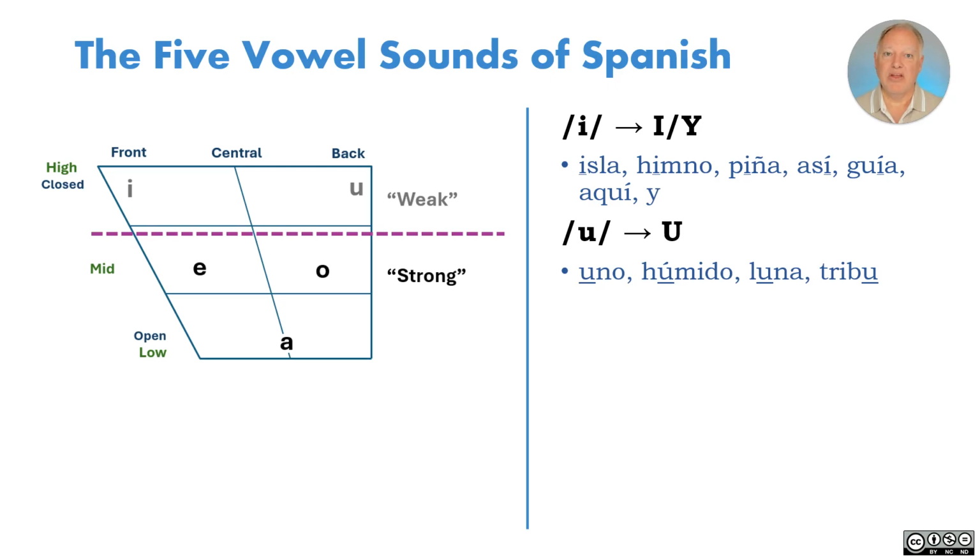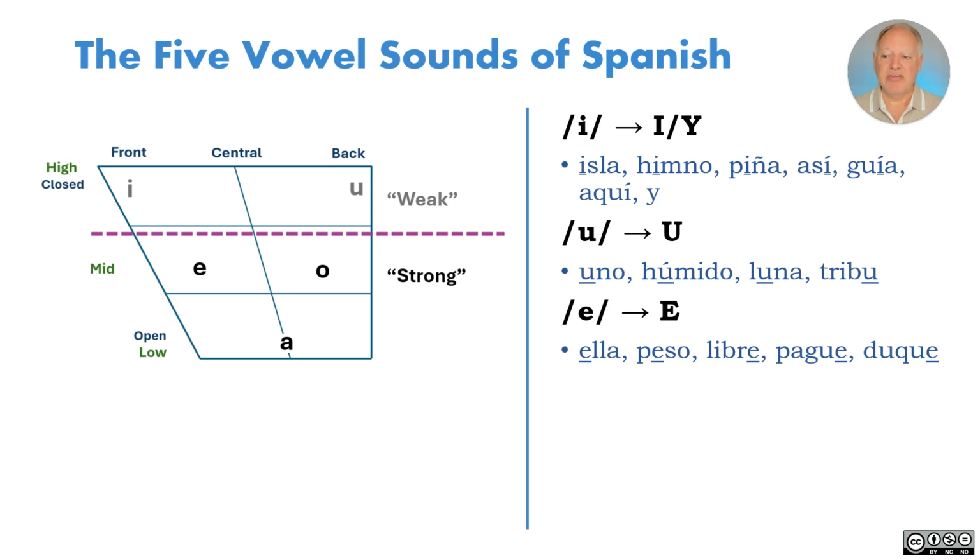Okay. Second vowel, the back vowel, but also a high vowel, is U. So it's always spelled with just the letter U. It could be an HU. Uno, húmedo, luna, tribu. So I'm trying to show with these examples where the sound might appear in different contexts of the word.